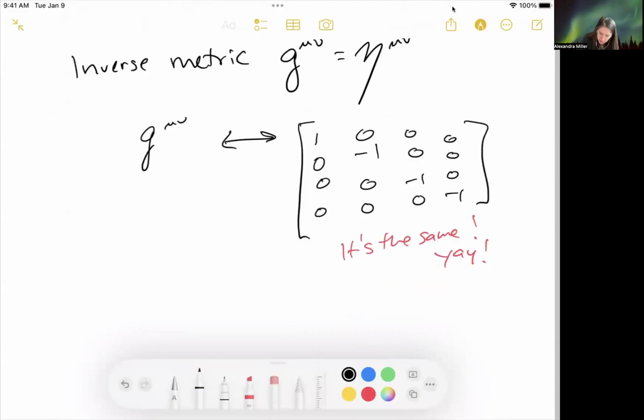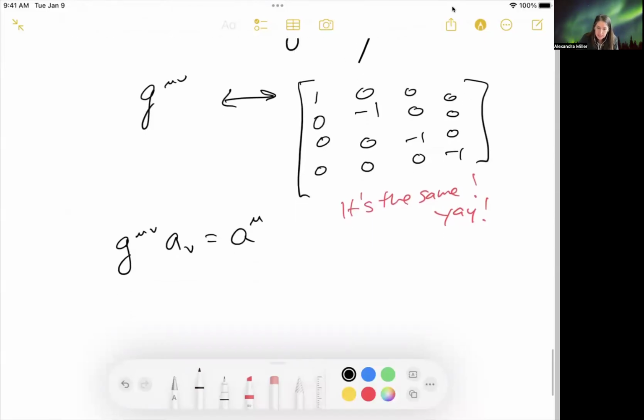And that makes things kind of easy because you just have one thing to remember. And we can use this now to raise indices. So g mu nu multiplied by some vector with a downstairs index now becomes the vector with the upstairs index. Or g mu nu on a tensor, oh excuse me, we need to contract again one of them. This becomes T mu upstairs sigma, and so on for higher ranked tensors.